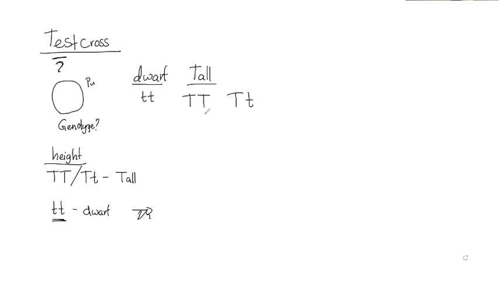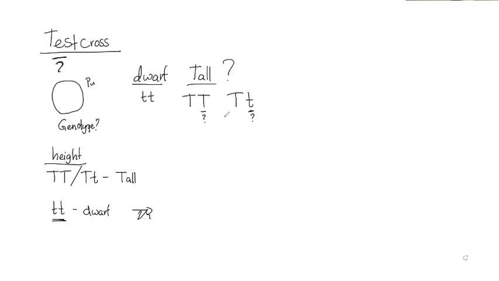Or we can say that it must have at least one dominant allele, one capital T allele. But we are not sure about the second allele. So we can't definitely predict the genotype of that tall plant.